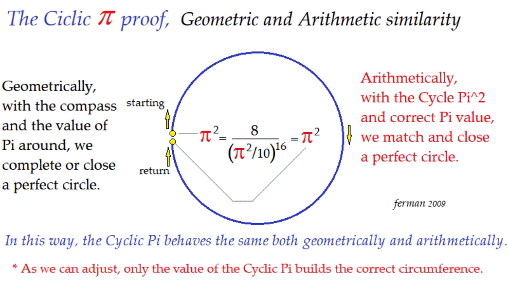In the case of the geometric construction, the devices would be mainly the compass, and the interrelation parameter, circumference diameter, would be the value of pi. And in the case of arithmetic adjustment, there would be no physical devices, but rather the formula of the squared pi cycle and the pi parameters, as well as the value of the square, 8, that contains, delimits and joins the number pi and the diameter.